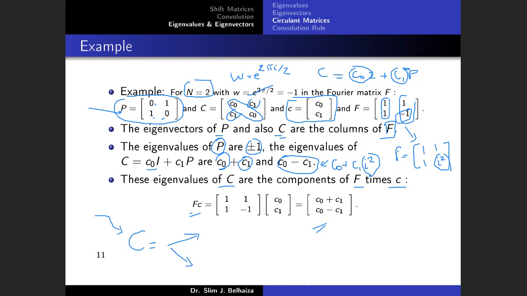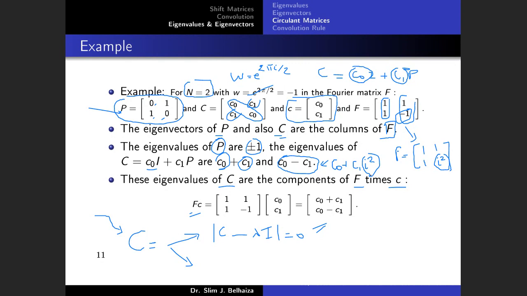Remind me, please. How do we find the eigenvalues of C? We just saw the determinant of C minus lambda I equals 0, right? That's the old-fashioned way, or the common general way for any square matrix.